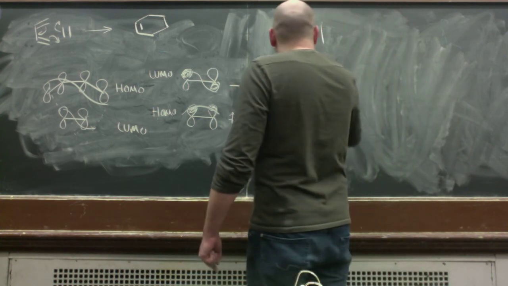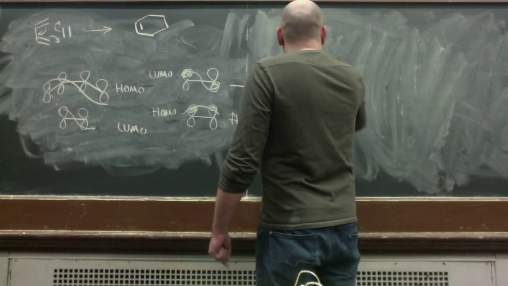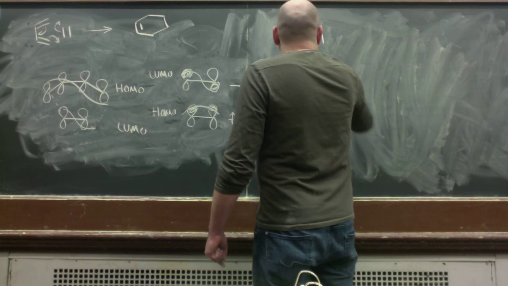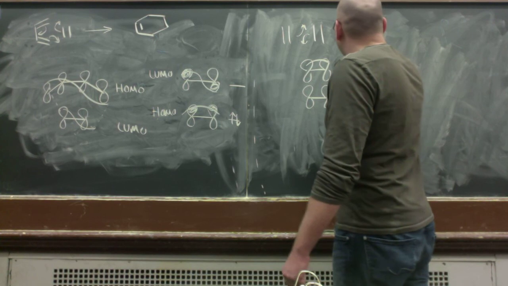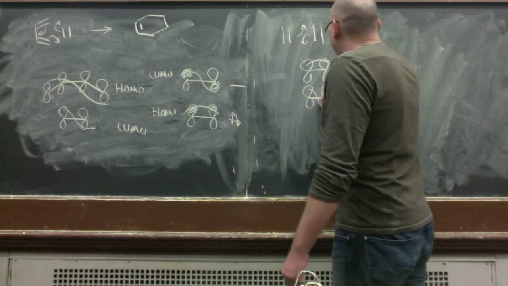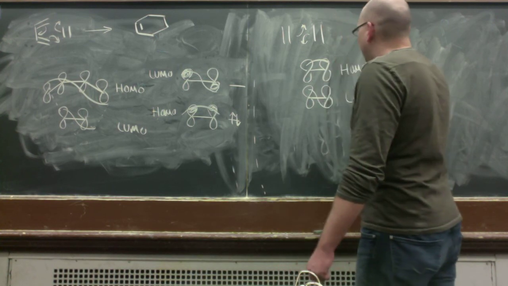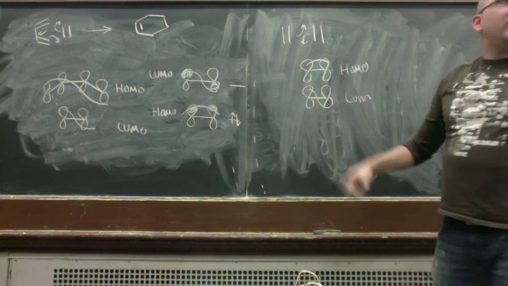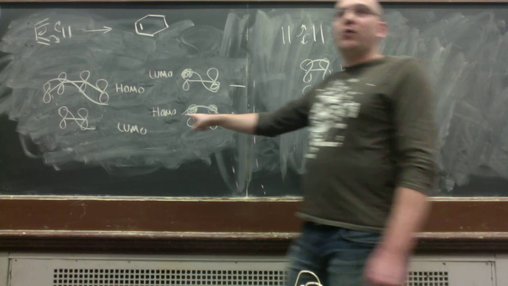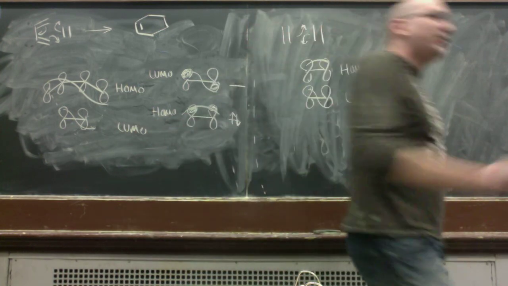Well, let's look at that. We've got this wave function up here of the HOMO. We've got the wave function over here of the LUMO. This matches, this doesn't. So you can't have that same process that we had over here. Now here's the next question.